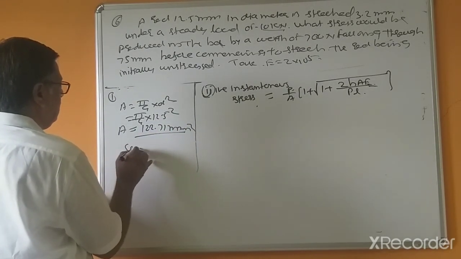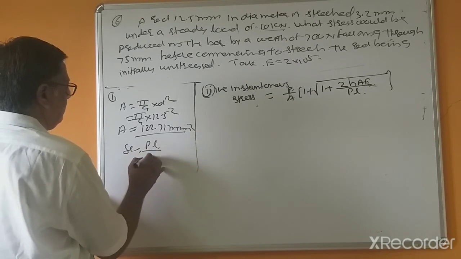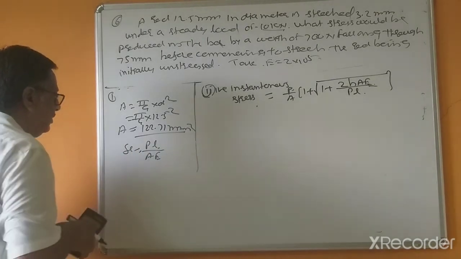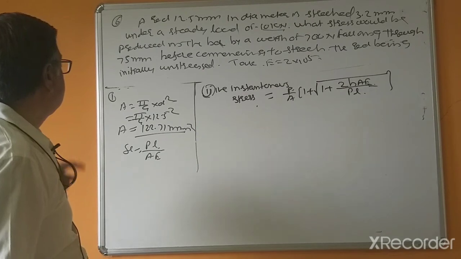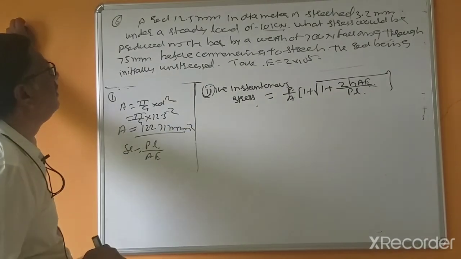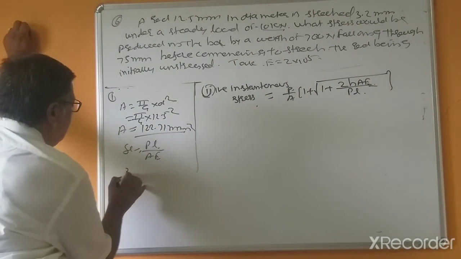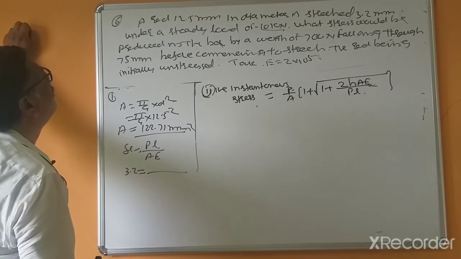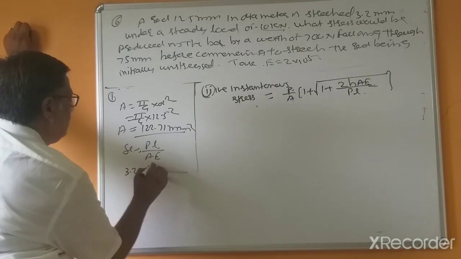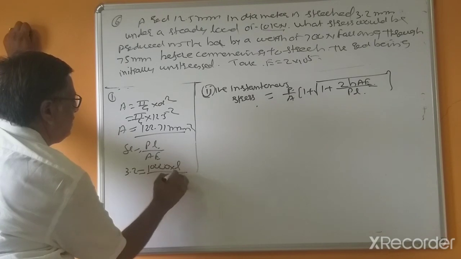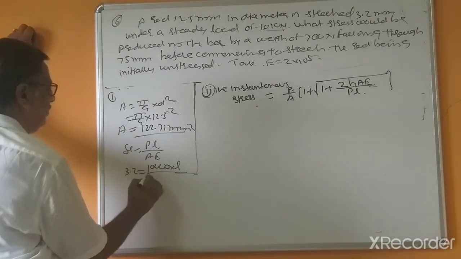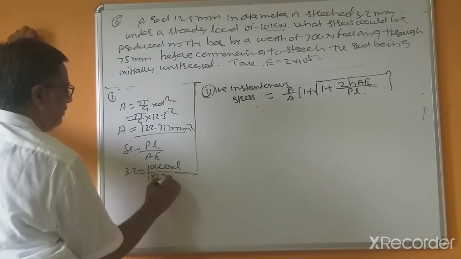Now delta L equal to PL divided by AE. So we can calculate the L. This is 3.2, load 10 kilonewtons. Area equal to 122.71.